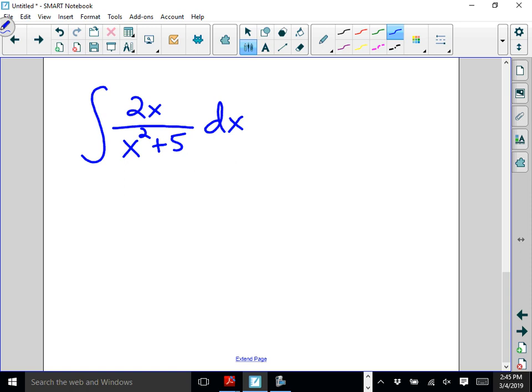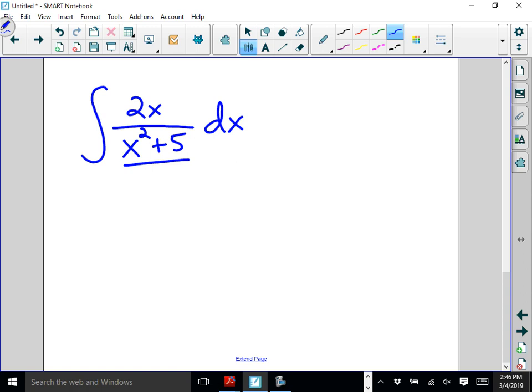So do I see anything in here, any part of this that's a function whose derivative shows up somewhere else? Well, when I look at the denominator here, I see x squared plus 5. Well, I know that the derivative of x squared plus 5 is 2x.